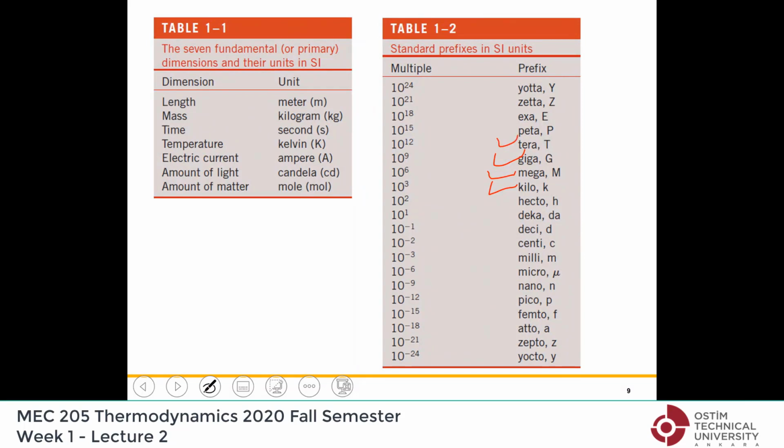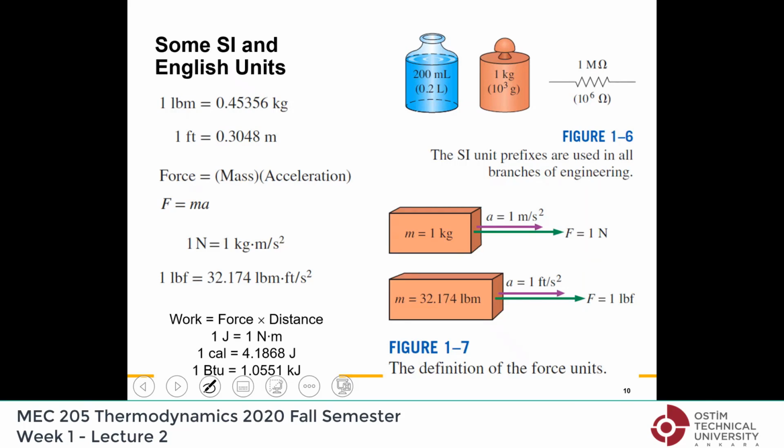If you know at least some of these words, they are used a lot. Okay, I think it is good to know. The other ones you don't have to know unless you are in particle physics or something. Okay. Now some SI units and some English units.